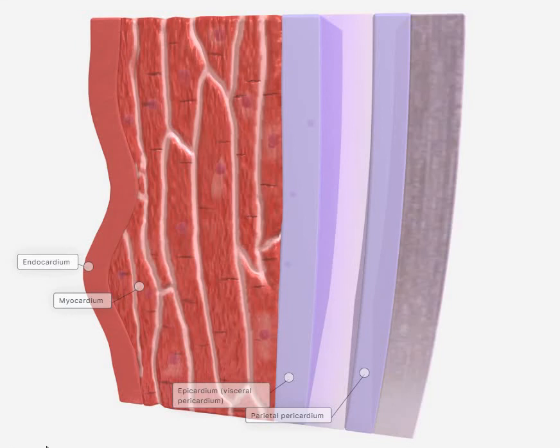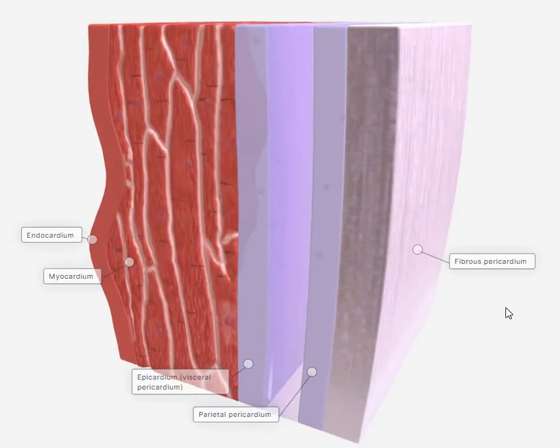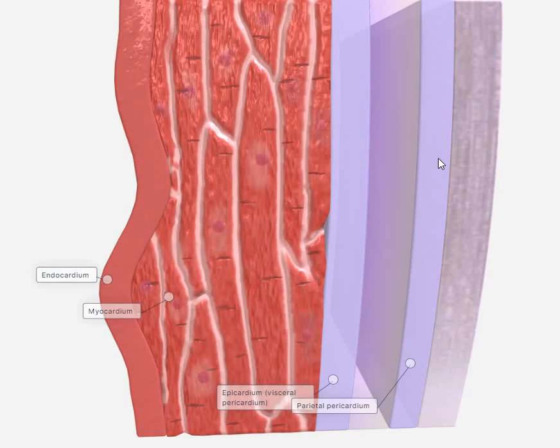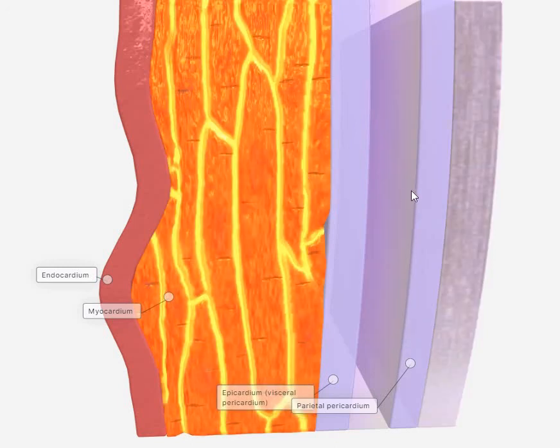And basically the role of the fibrous pericardium, which we see here, is to prevent overstretch of the heart. It prevents it from overstretching. But the fibrous pericardium is very dense, rough connective tissue. So this thinner layer of pericardial tissue is necessary to reduce friction between the fibrous pericardium and the myocardium.